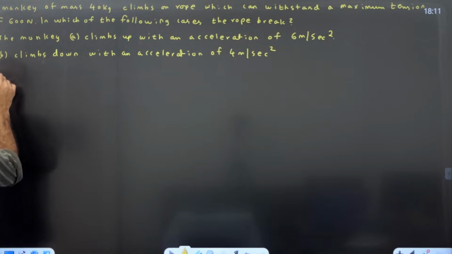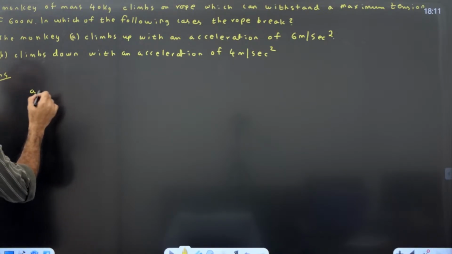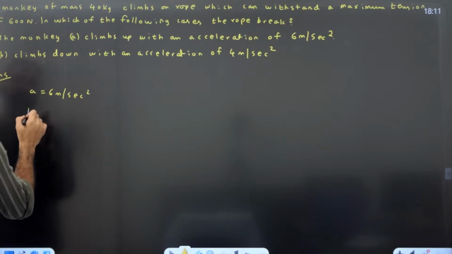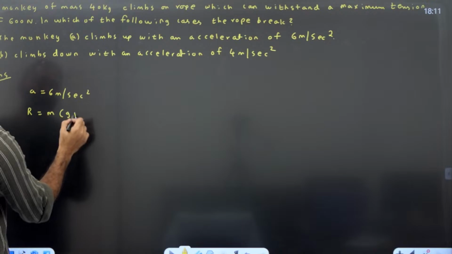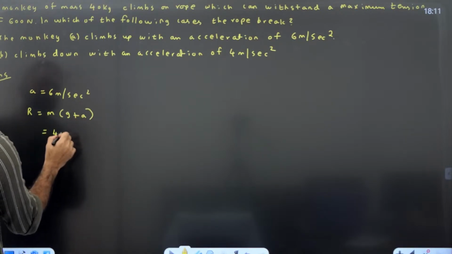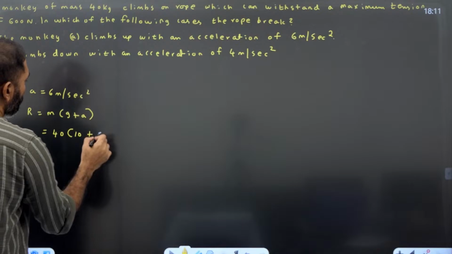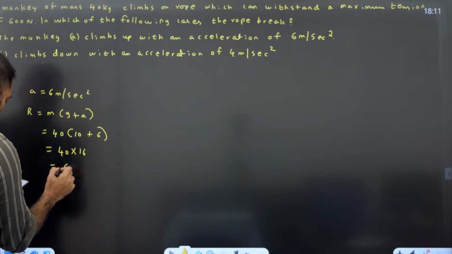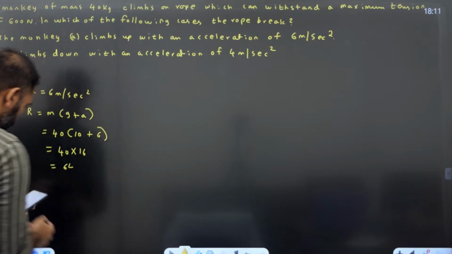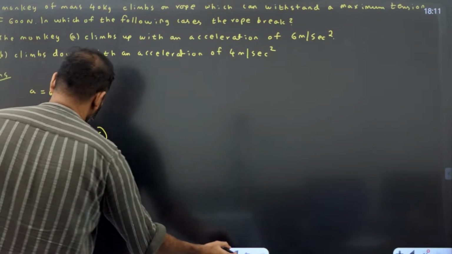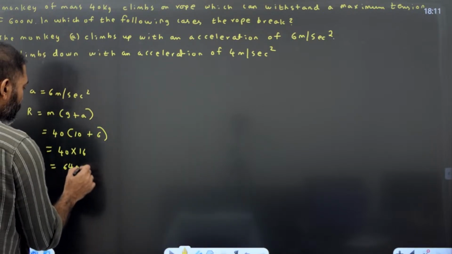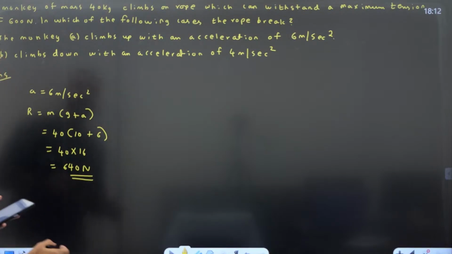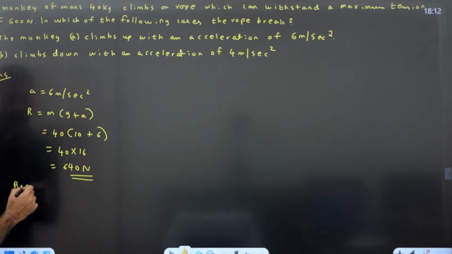Now answer. First, the acceleration is 6 meter per second square. When the monkey climbs up, the normal reaction will be m into g plus a. The mass of the monkey is 40, into g, which we take as 10, plus 6. So 40 into 16, which is 640 Newton. What is the maximum tension of the rope?